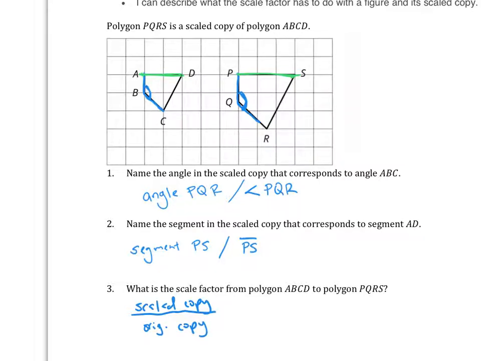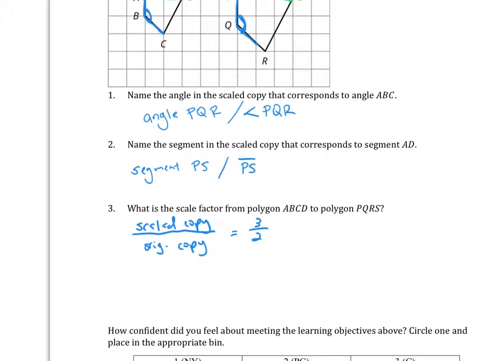So in this case, the scaled copy is PS, which has a length of 3. And the original, the length that corresponds to that, is AD, and that has a length of 2.